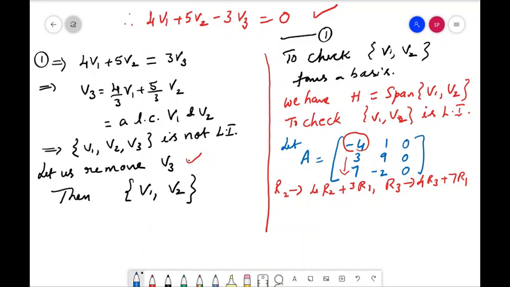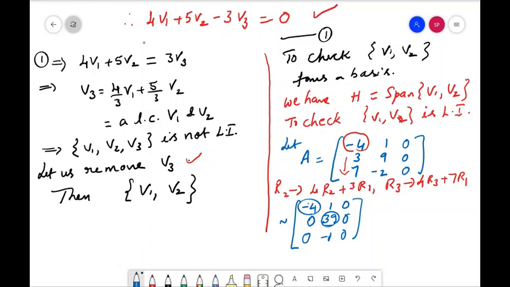So A is transformed to this matrix: minus 4, 1, 0, and then 4 times R2, 4 9s, 36, plus 3, 39, and this is 0. The last row is 4 7s, 28, plus minus 28, 0, and then minus 8 plus 7 is minus 1, and the last one is 0. And here you have the pivot positions.